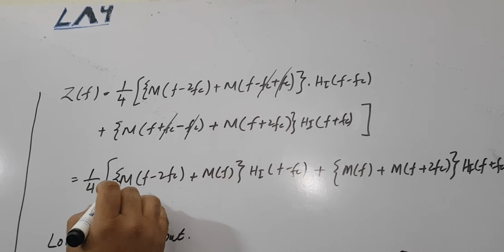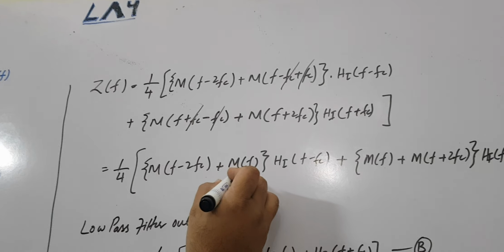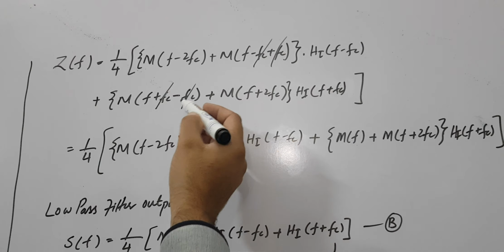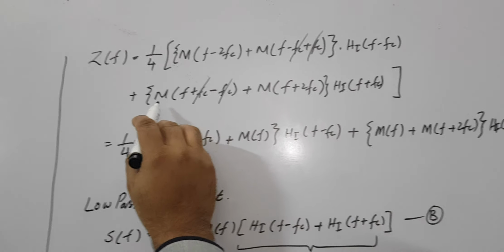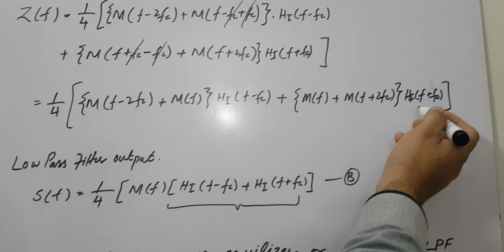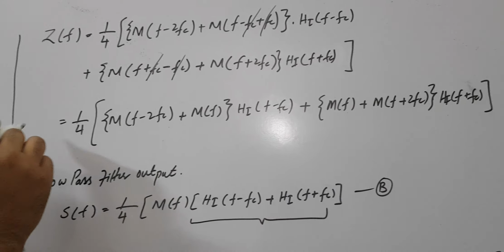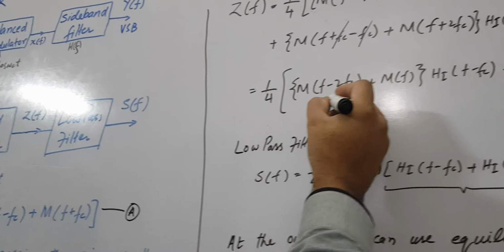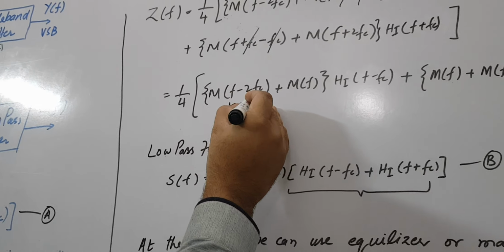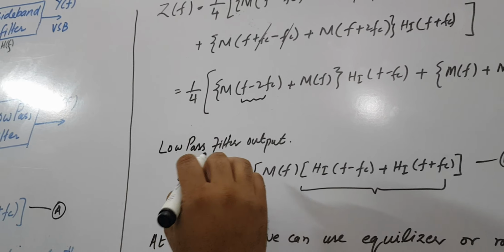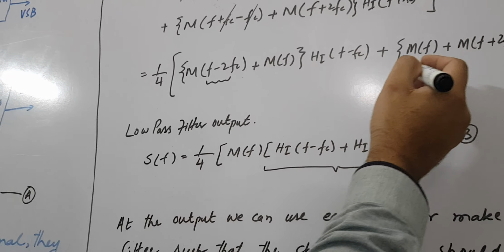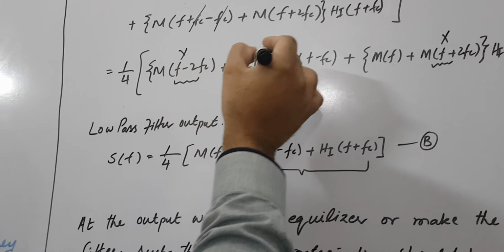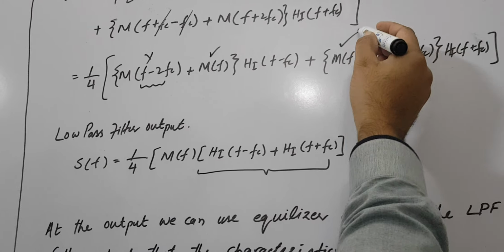So we have M of f minus 2fc plus M of f with the filter response, plus this part with the lower frequency and the filter response. When you pass that signal through the low pass filter, the frequency of that term is bigger than fm, and similarly the frequency of the other term is again bigger than fm, so they will not pass; rather, this will pass.